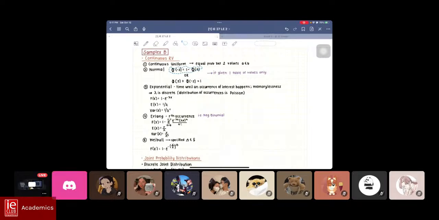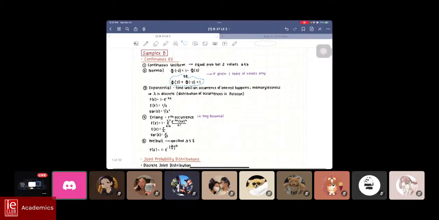Pero kung they just give you one of the Z tables, so either the negative or the positive Z table lang, you can get the counterpart, so the positive or negative, by using this formula. So the phi of Z plus the phi of negative Z is equal to 1. So even if you're given the negative Z table lang, you could always solve for yung positive na counterpart niya.